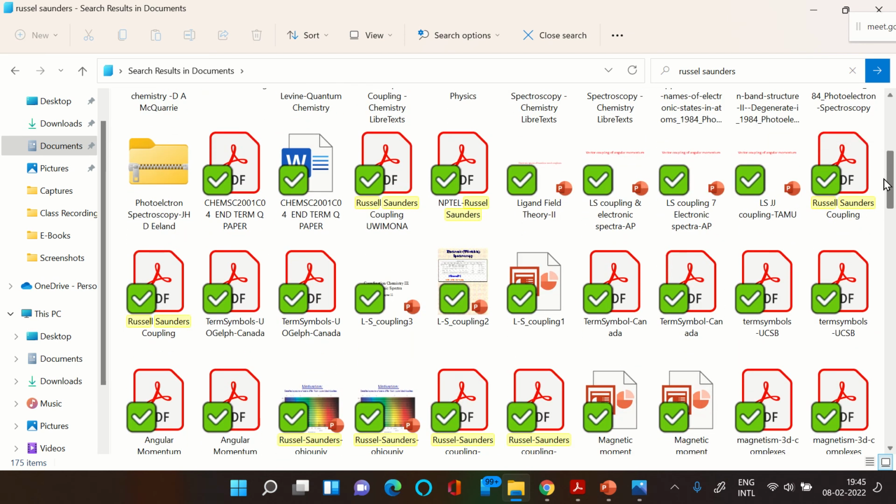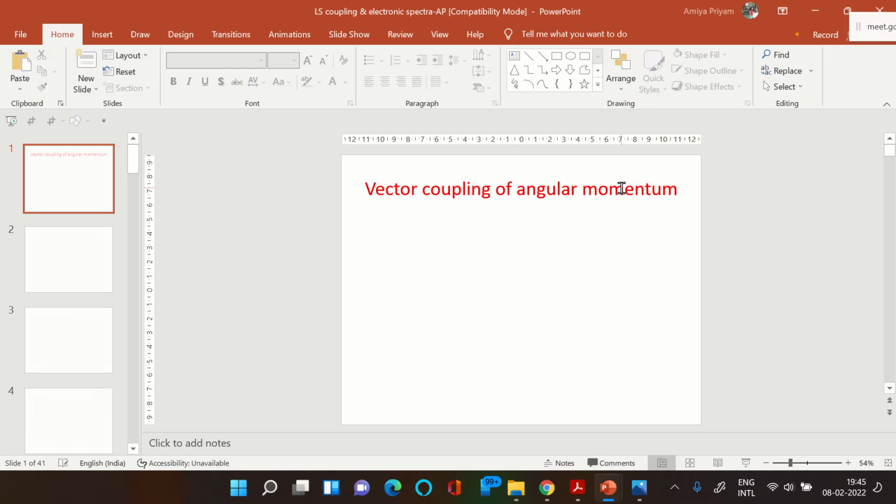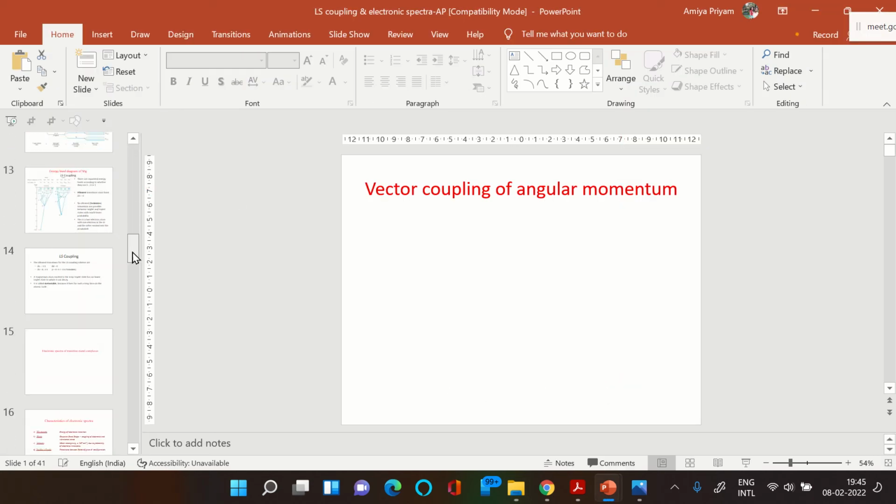LS coupling, अच्छा, yes, I think this one. When I discussed this thing, then I probably discussed this part.